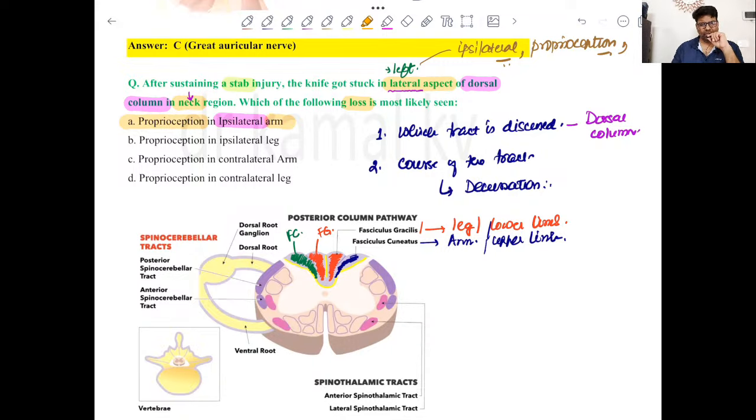So proprioception, stereognosis, 2-point discrimination or vibration sense, right? So this is how you should solve these kinds of questions. For that you need to have a thorough knowledge of the anatomy and of course physiology, in terms of the course and the sensory modalities carried by that particular ascending tract, right? So this is for dorsal column.